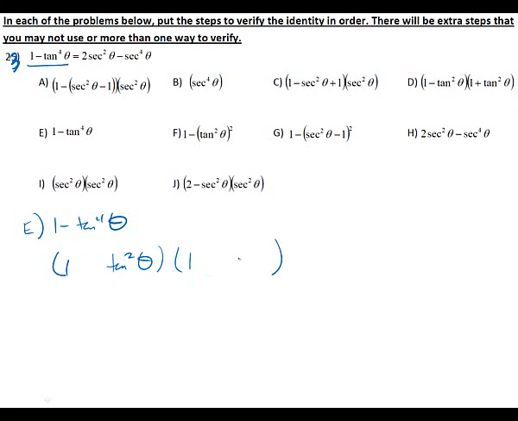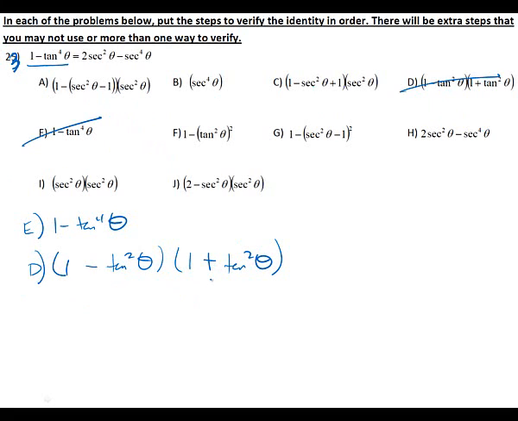Tangent squared theta. And we make 1 a what and 1 a what? 1 a minus, 1 a plus, right? And if we do it in that order, look at which letter choice it is now. D. Okay? So we've gotten rid of E, we've gotten rid of D. Those are the two we've used, right?